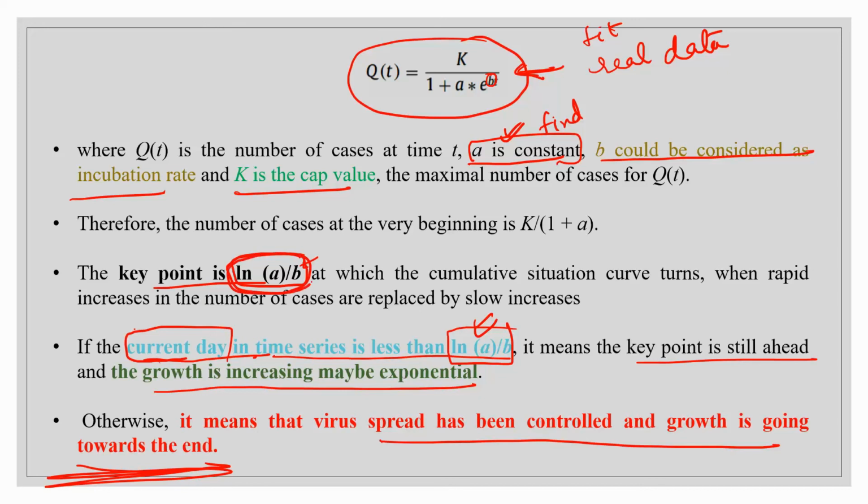If that is less than this value, then it means the infection will still grow very rapidly and there is still time to control the infection. And if the current time is greater than this key value, that means the infection is going towards the end.